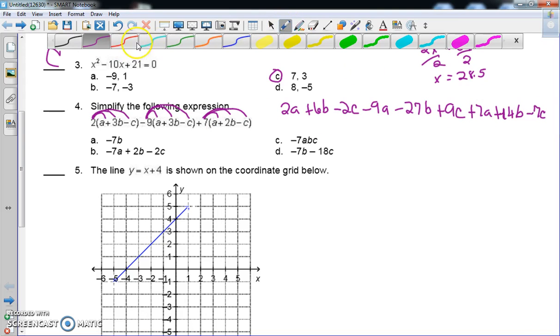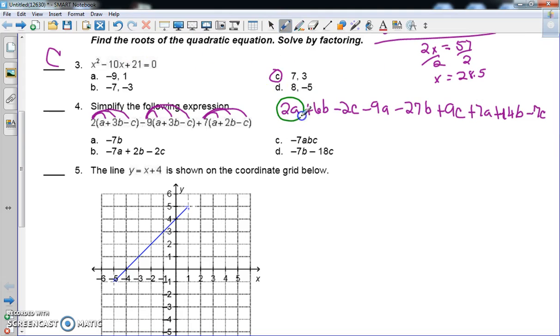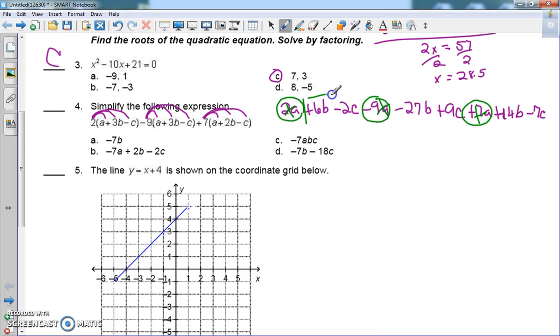Alright, so now let's go and combine all of our A's. You have a 2A, you have a negative 9A, and you have a positive 7A. So that's going to cancel out, and you end up with no A's because that's 0. So then when you go to your B's, you have a 6B, a negative 27B, and a positive 14B.